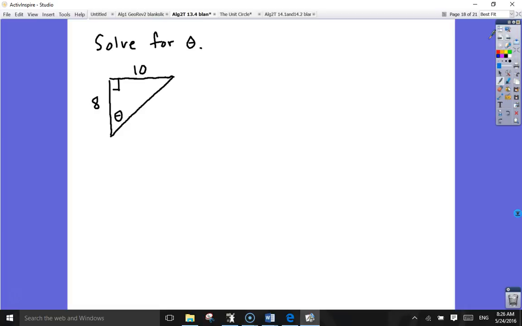It's a tangent, right? You're going to have to look at the angle and decide which 2 out of the 3 sides have been given. In this case, it looks like opposite and adjacent. So we're going to say tan theta equals 10 over 8. So how do you find theta? Tan inverse.